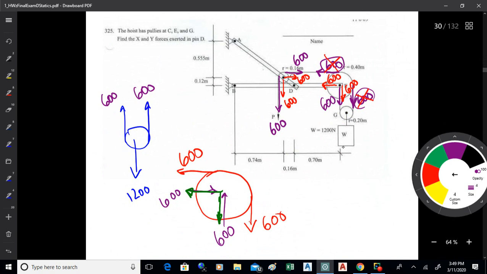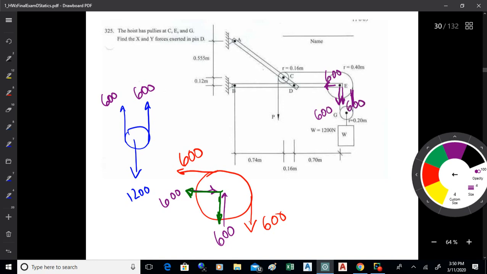Okay, so that's going to be 600 all over the place, because if we look at what's going on there at E, we've got this 600 down, we have another 600 down for this one, and then that one pulls that way, so that'll be 600. So there's 3 of them right there. And both of these are 600. Okay, so we have to account for all of those.